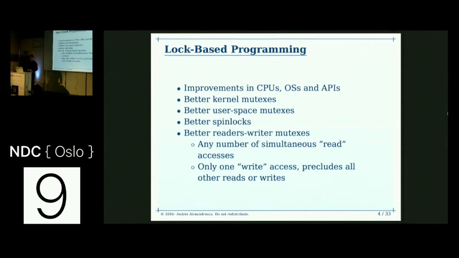Yes? The writer. Why? Otherwise, it's very easy to starve the writer for the simple reason that new readers can come at any time in the door at no cost to them, and essentially they would starve the writer away. Of course, there are more refined ways to do this prioritization, but in essence, you've got to be careful with this kind of starvation. So, okay, great.